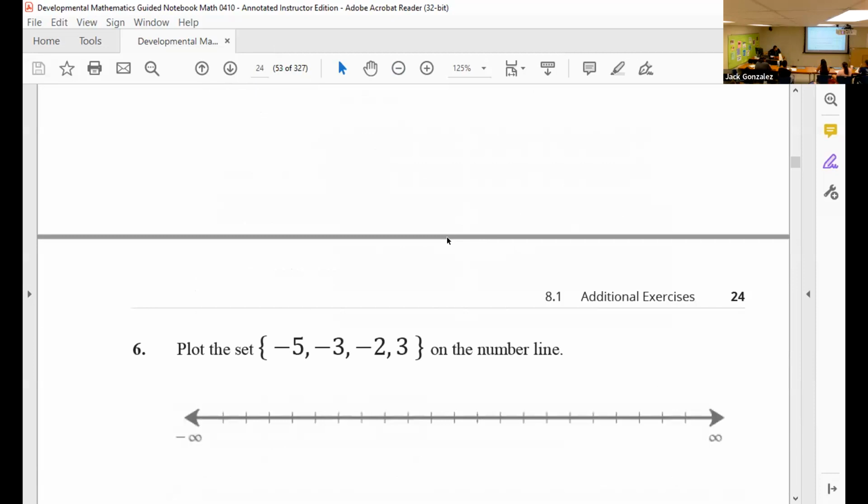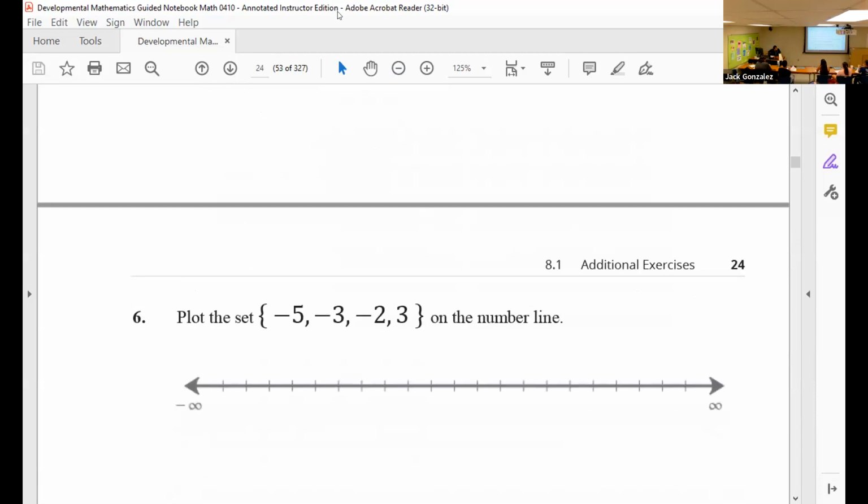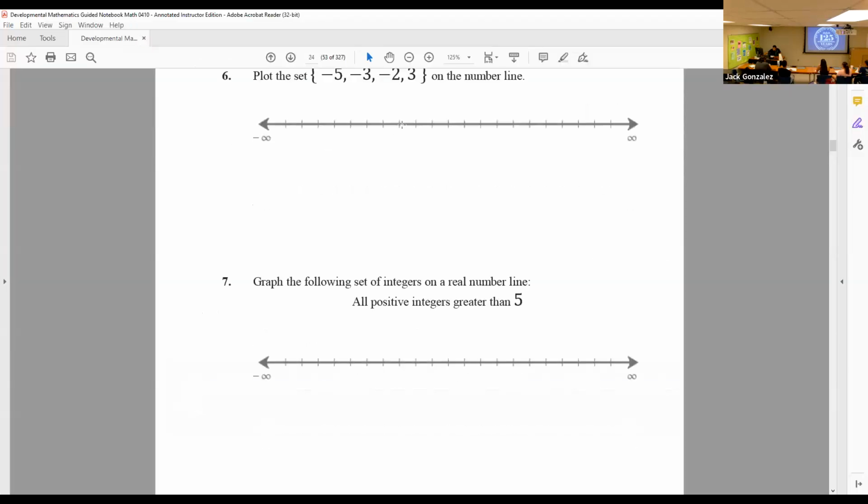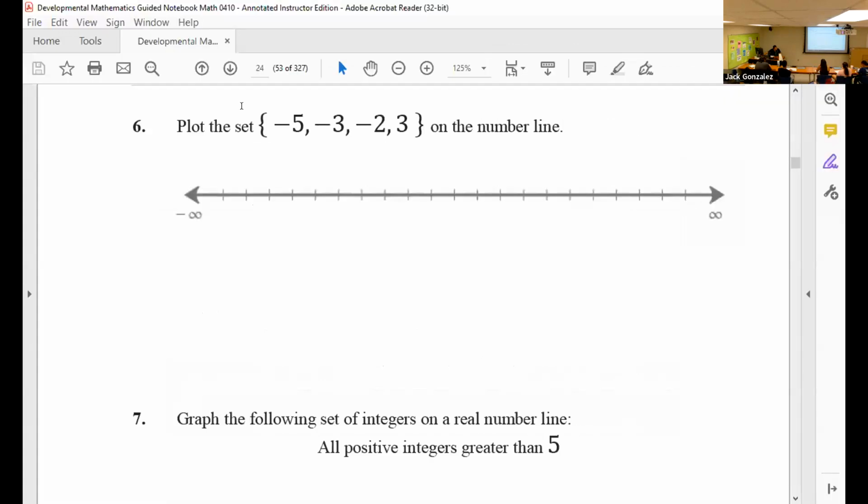I think we said 6 too, right? You guys cool on 6? Any issues graphing it?